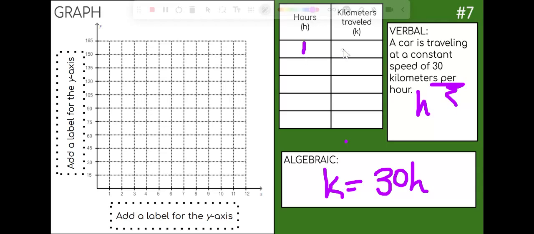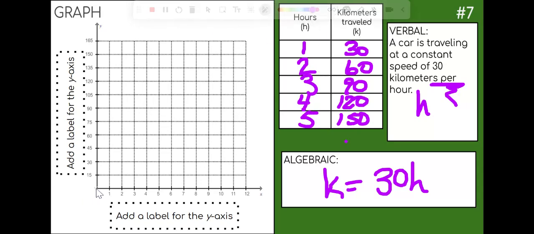Okay, so 1 hour, I travel 30 kilometers. 2 hours is 60. 3 hours is 90. 4 hours is 120. 5 hours is 150. All I'm doing is 30 times 1, 30 times 2, 30 times 3, times 4, and times 5. You are allowed to use a calculator.